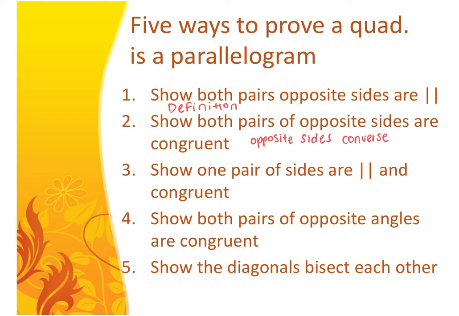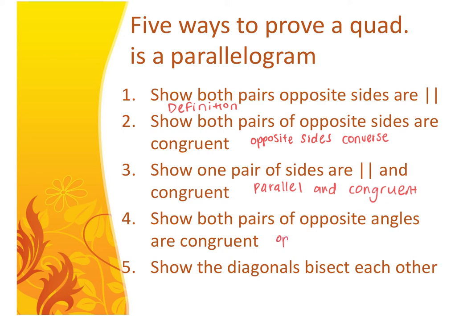You can show one pair of sides are parallel and congruent. That's parallel and congruent converse. Regular theorem. Because that one never had an original theorem, okay? You can show both pairs of opposite angles are congruent.